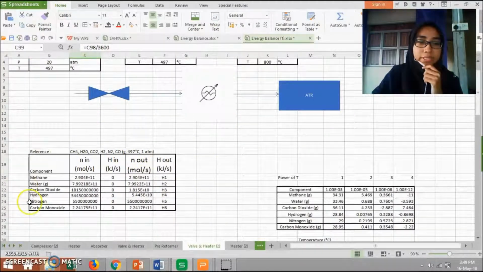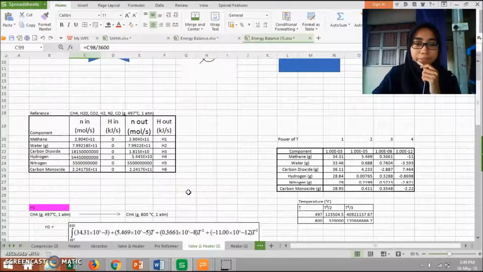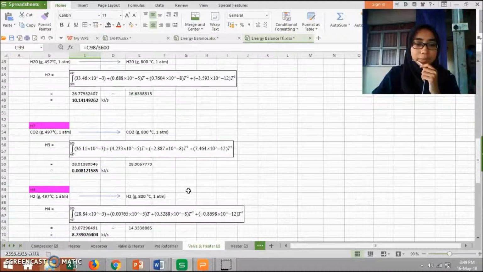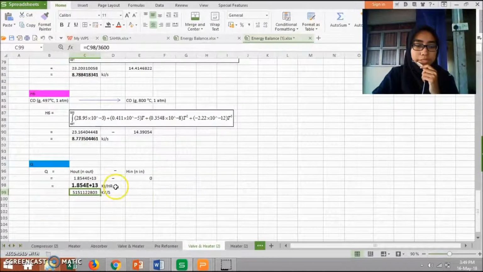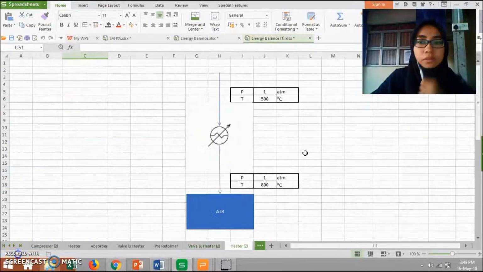For the boiler, I'm using the inlet of the boiler as the reference, which is methane, steam, carbon dioxide, hydrogen, nitrogen, and also carbon monoxide at 497 degrees Celsius and 1 atm. Thus, I'm obtaining the Q in positive value as it is an endothermic reaction.